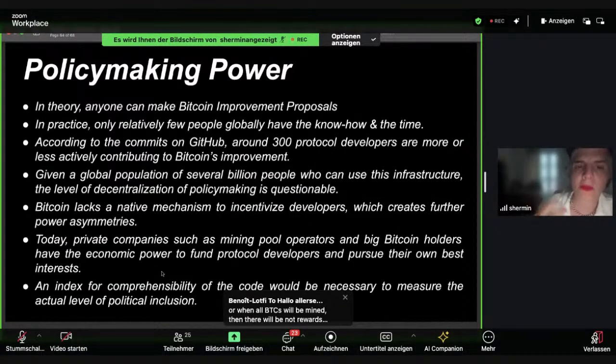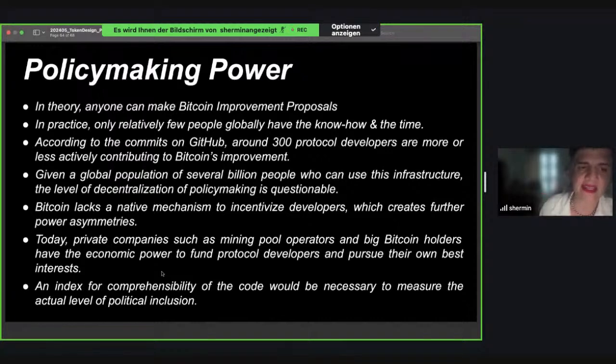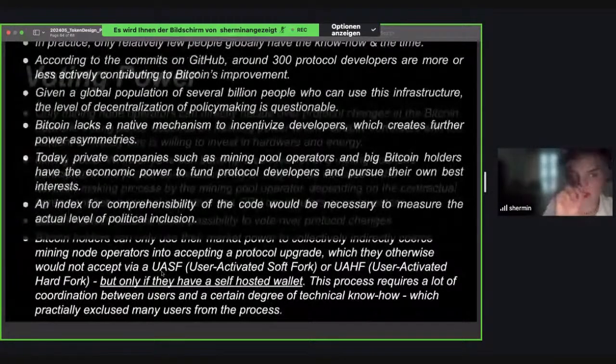Given the global population that could use it, let's say. And Bitcoin, as I previously mentioned, lacks a native mechanism to incentivize protocol development, and this has created a lot of power asymmetries. Private companies today, such as mining pool operators and big Bitcoin holders, have the economic power to fund the protocol development in the pursuit of their own best interest.